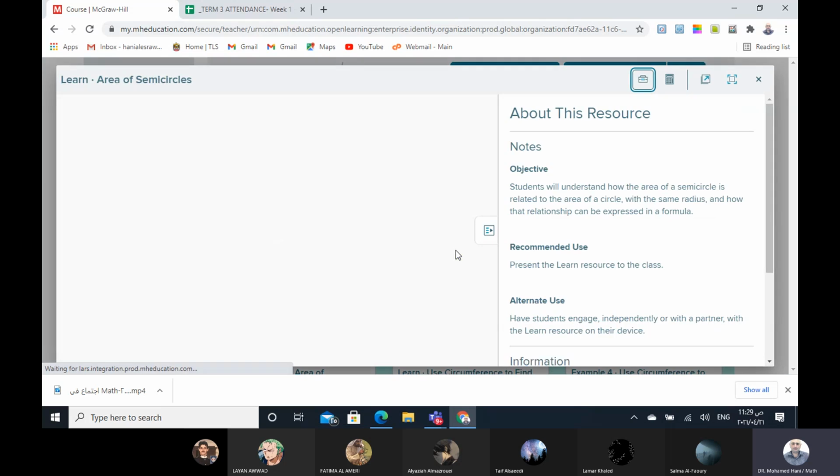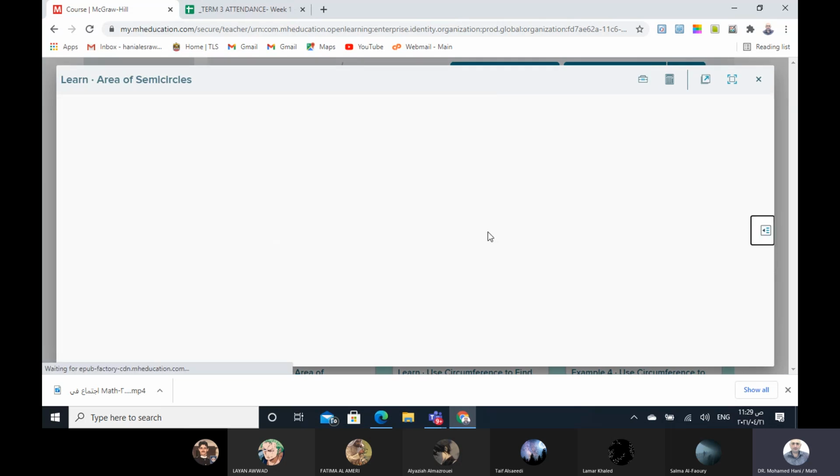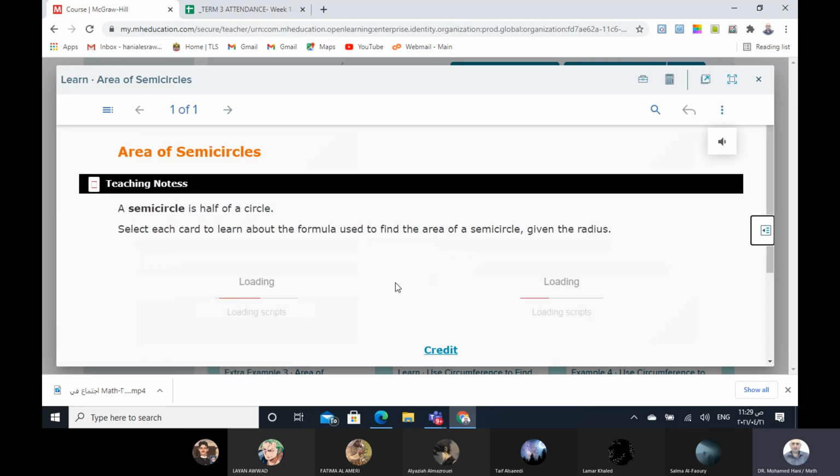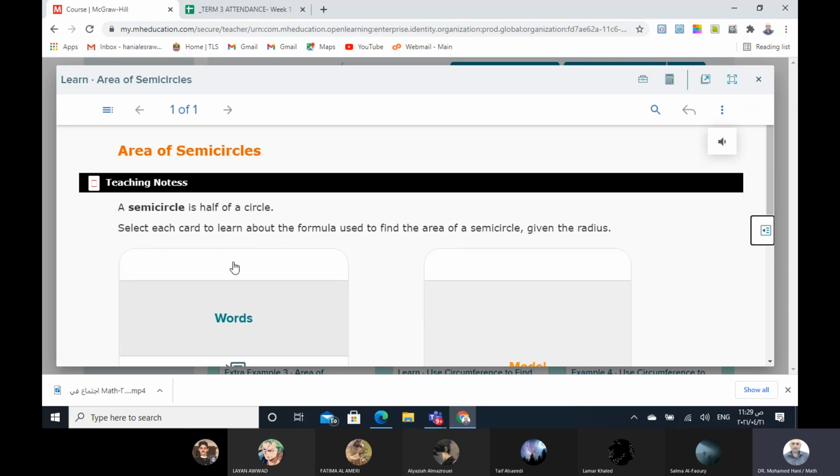Now, area of the semicircle. A semicircle means a half of a circle.